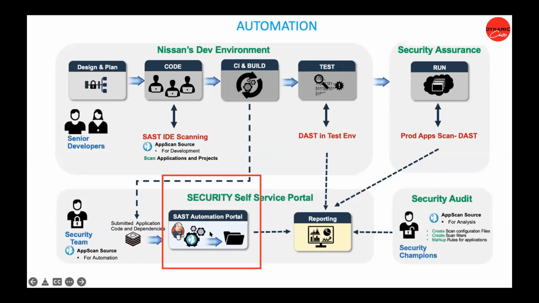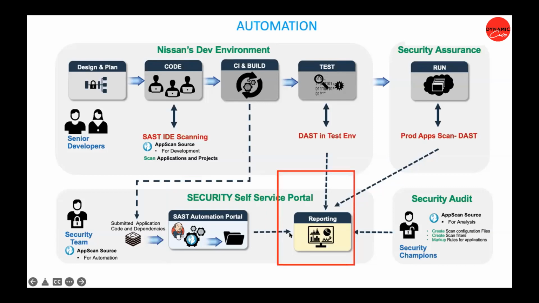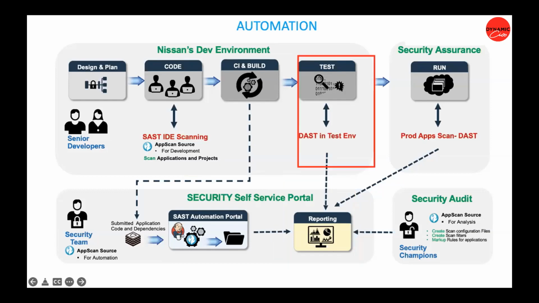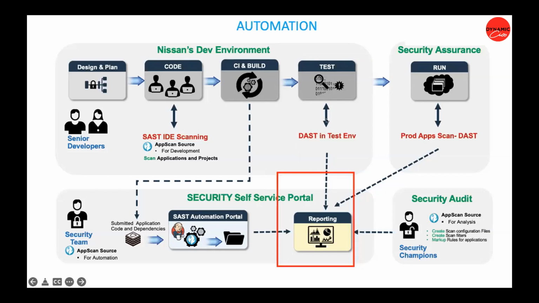The SAST automation panel will do a static application security testing of the code and create reports of what it has found. Then it moves into the test environment. There it does the DAST, the dynamic testing. Again, reports are generated, right?